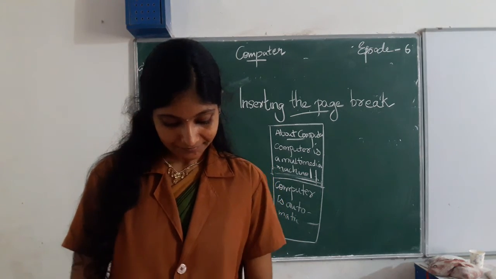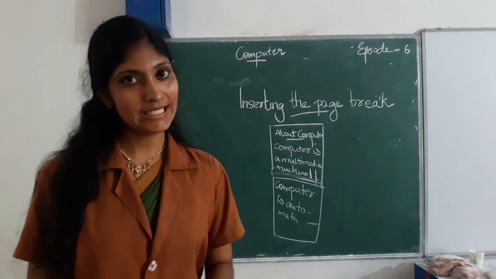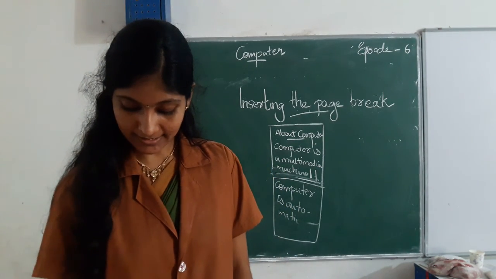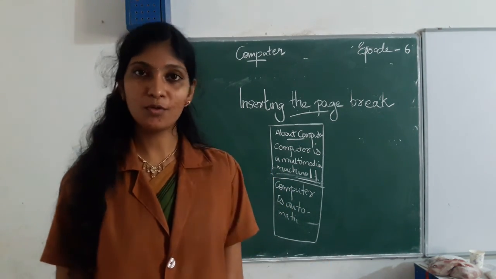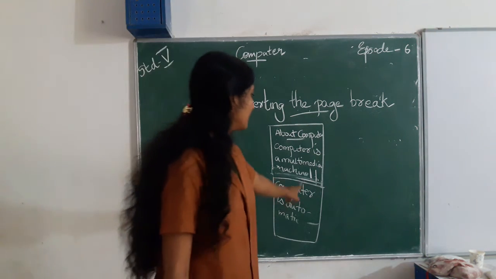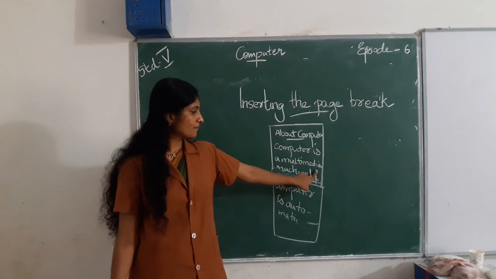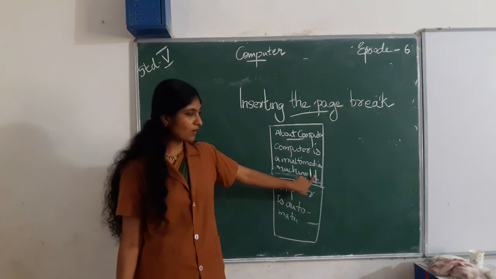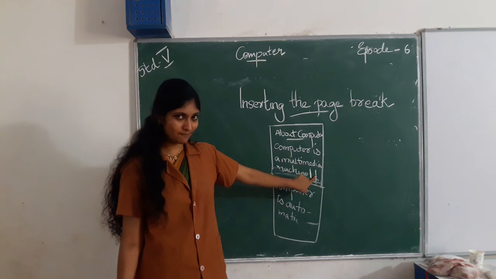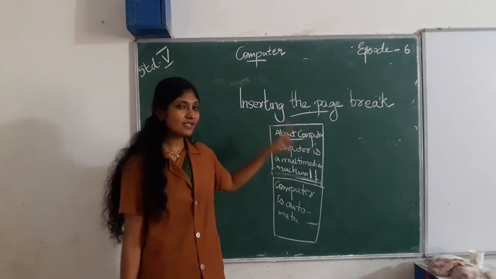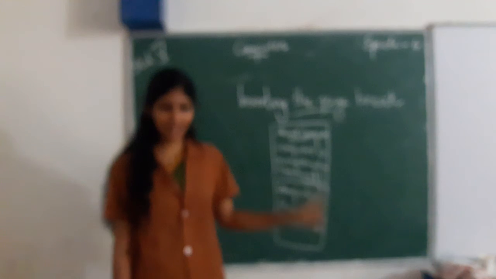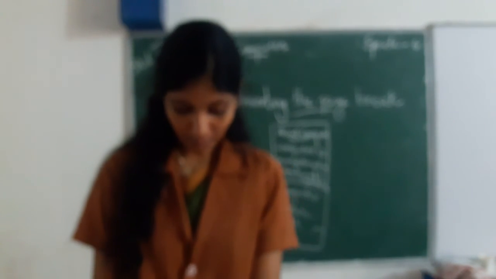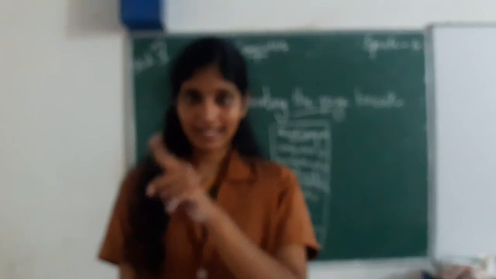Then let's see how to insert a page break. Place the cursor on the place you want to break the page. For example, here I place the cursor on this place. Click the mouse pointer on this place and after that go to the Insert tab and there is a Page Break.